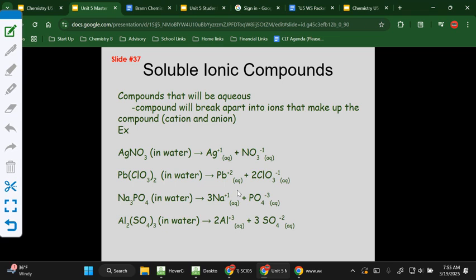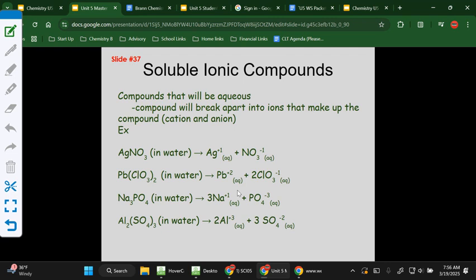For sodium phosphate, here's phosphate. Phosphate is normally a precipitate. It is normally a solid, unless it is with the cations of group 1 or ammonium, except lithium. So is sodium in group 1 of the periodic table? Absolutely, right there in group 1.